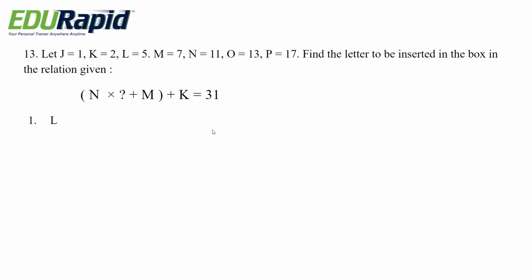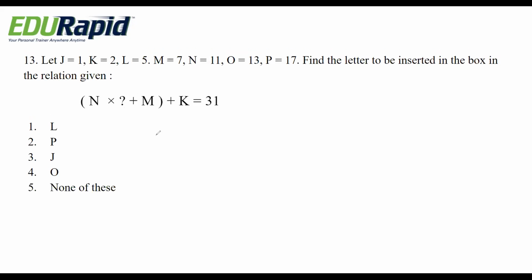So the options are L, P, J, O, none of this. Here also none of this is there. So you have to check all the options. First option: bracket of, for N it is 11 into question mark.